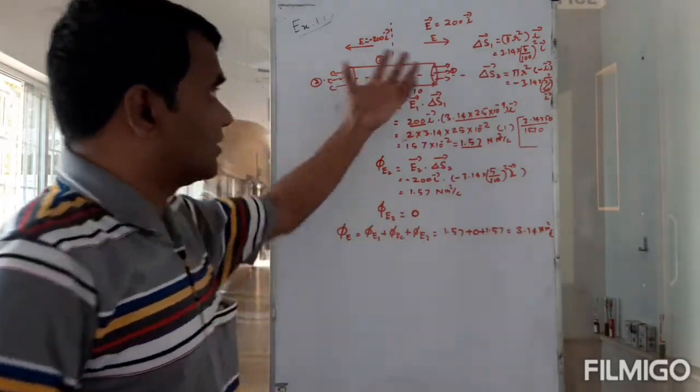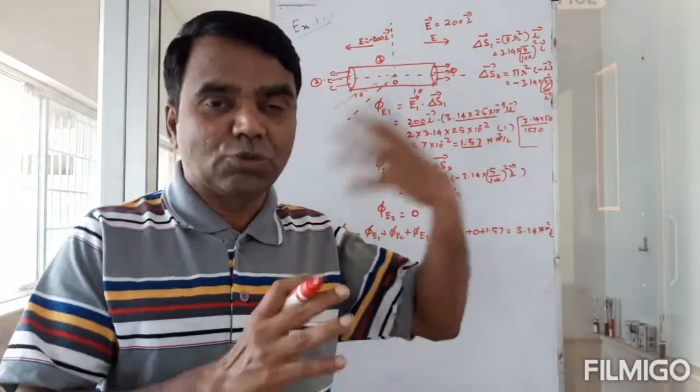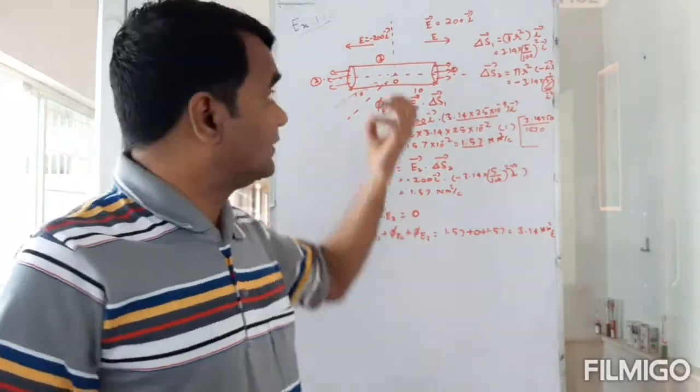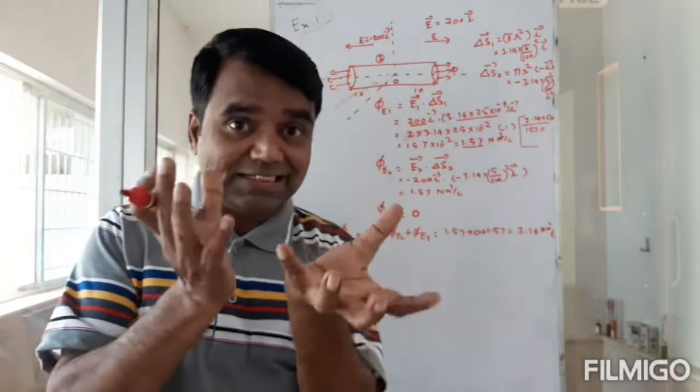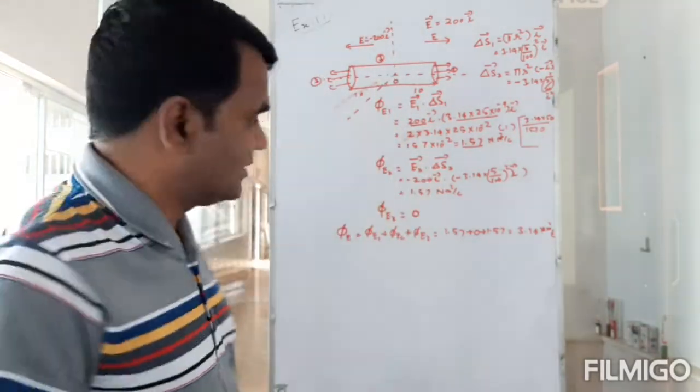So that's the total flux coming out of it. So if you know the total flux coming out of it, can you calculate the charge enclosed in the surface? Easy, right?